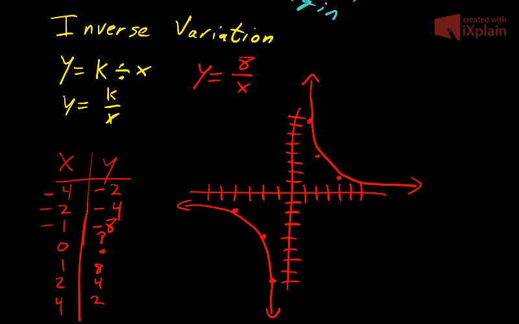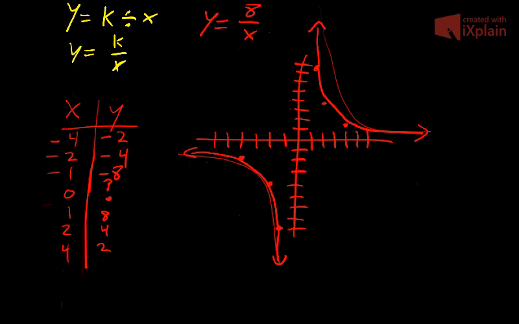If we have a negative, it'll be flipped, but otherwise most inverse variation graphs will look kind of like these two shapes pointing outwards, where we have the one up top and the one on bottom, and every time we have inverse variation, it'll look fairly similar. So anytime you see y equals something divided by x, then that is an inverse variation.